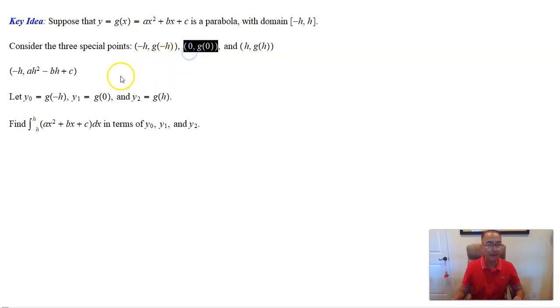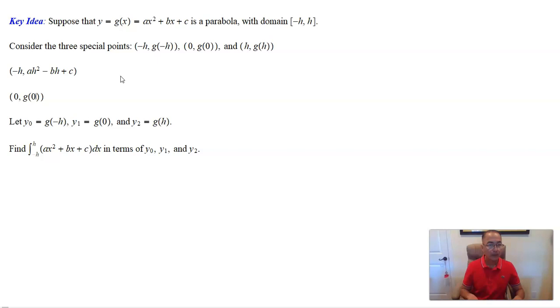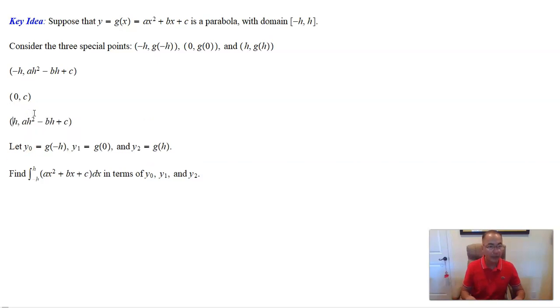That's easy. And if you plug in plus h, you will get ah squared plus bh plus c this time. So I just have to change the minuses to plus. There you go. Those are the 3 y-coordinates over negative h, 0, and positive h.